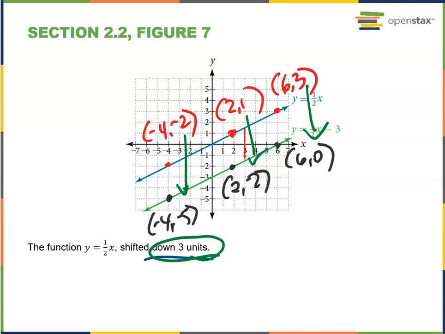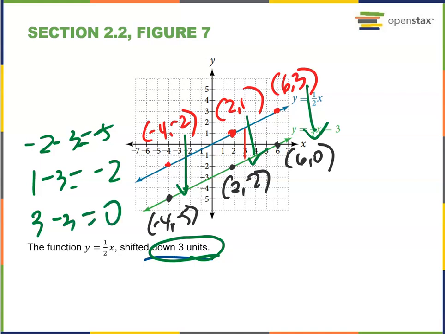Everything is shifted down 3 units, meaning you subtract 3 for each y. -2 minus 3 is -5. 1 minus 3 is -2. And 3 minus 3 is 0. And that's why, now that you have those points, you will be able to graph this line.